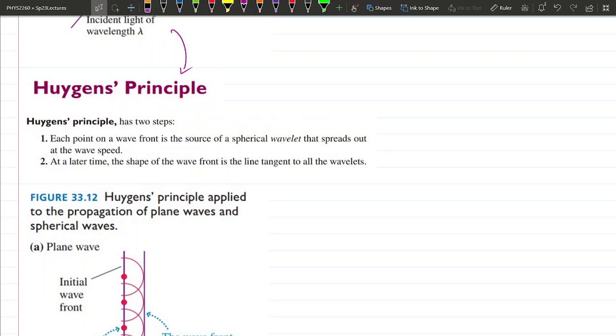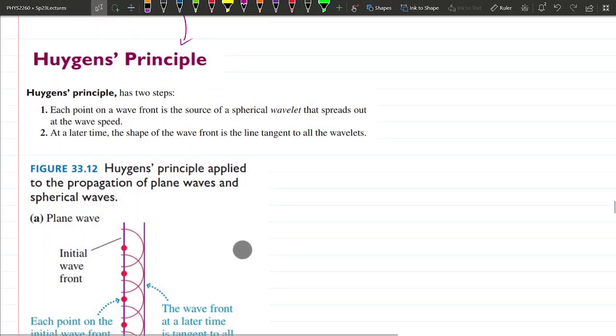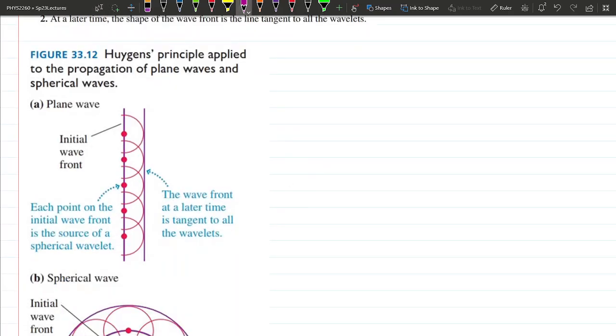It's probably some Dutch name. When light, or actually any wave, passes through a single point, you can treat each point on the wavefront as a point source. Pretend you have a wave traveling this way.